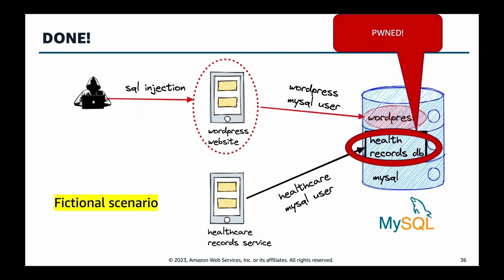So what happened here is that we used the confused deputy to break the isolation level between the databases. So don't trust too much the isolation level inside the databases. Don't put your WordPress site on the same database instance as your healthcare records, right?